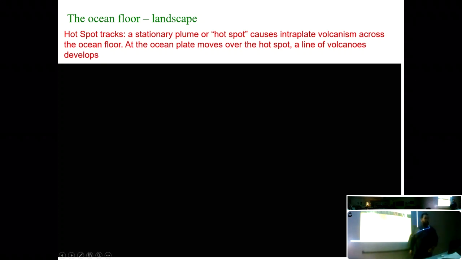Okay, so that's why you get these subsequently smaller and smaller volcanoes.